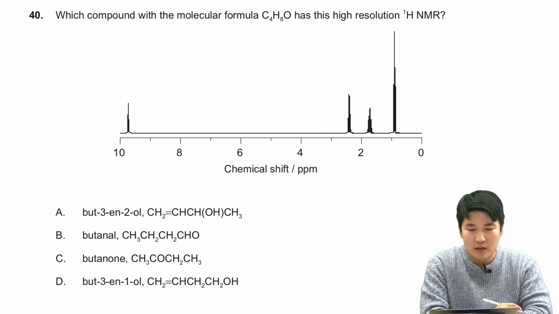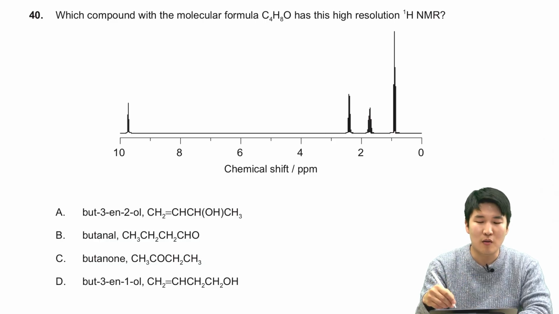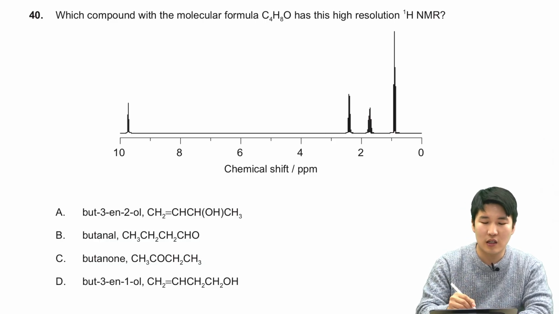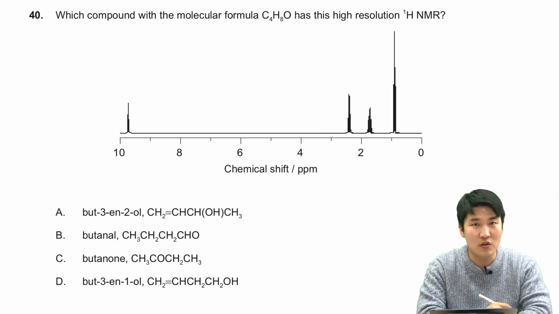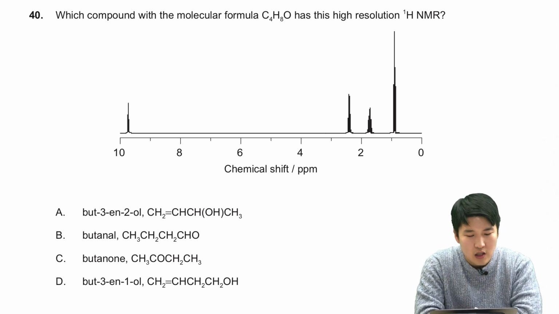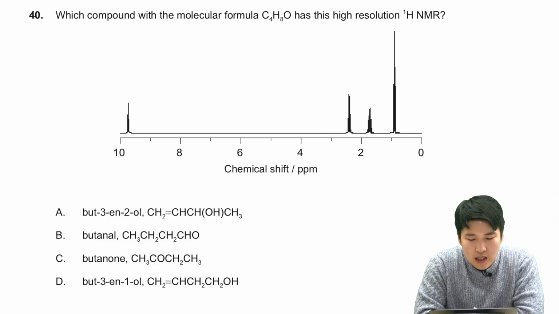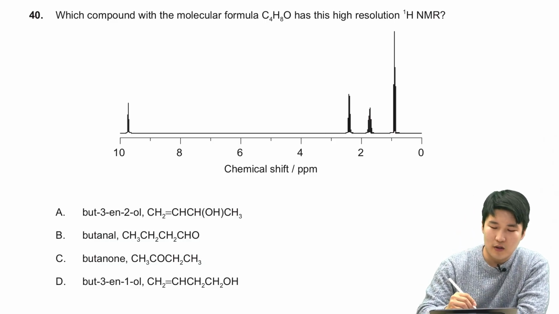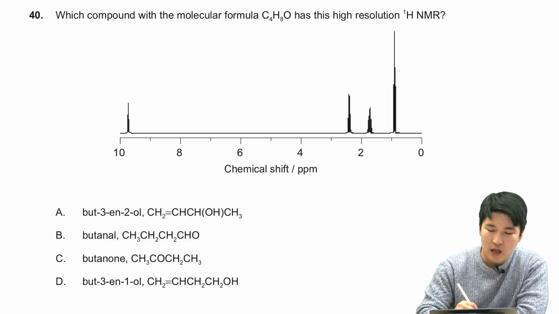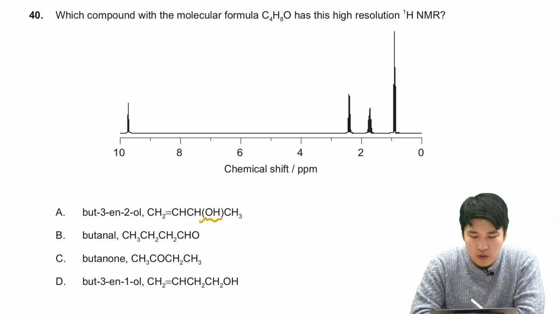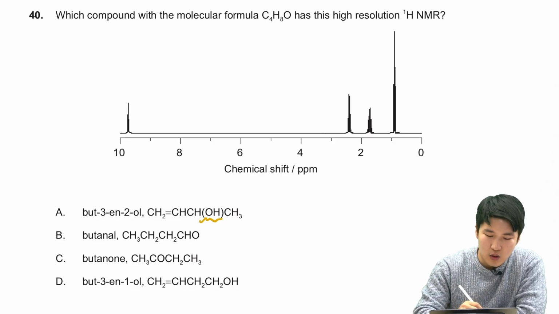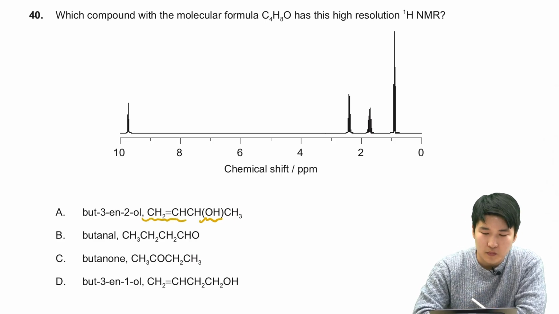NMR. Let's interpret this chemical shift data. The easiest way to go about it is not to interpret from scratch, but look at individual options and see if we have a match. So, looking at the first option, we have potentially a hydroxyl group that will be distinct as well as a double bond.